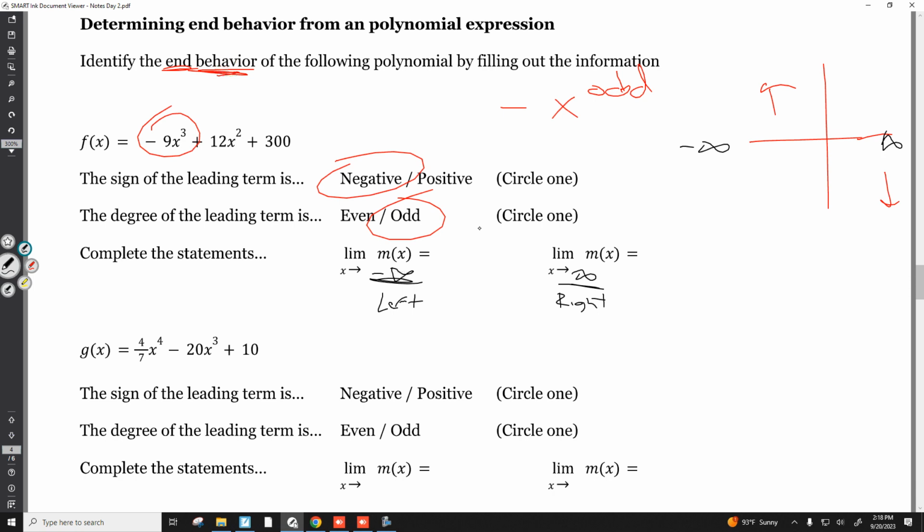What's the limit as x approaches negative infinity? If my x's are going towards negative infinity, that's left. My x's are going to positive infinity, that's right. Negative infinity, x's. Positive infinity, x's. Cool?